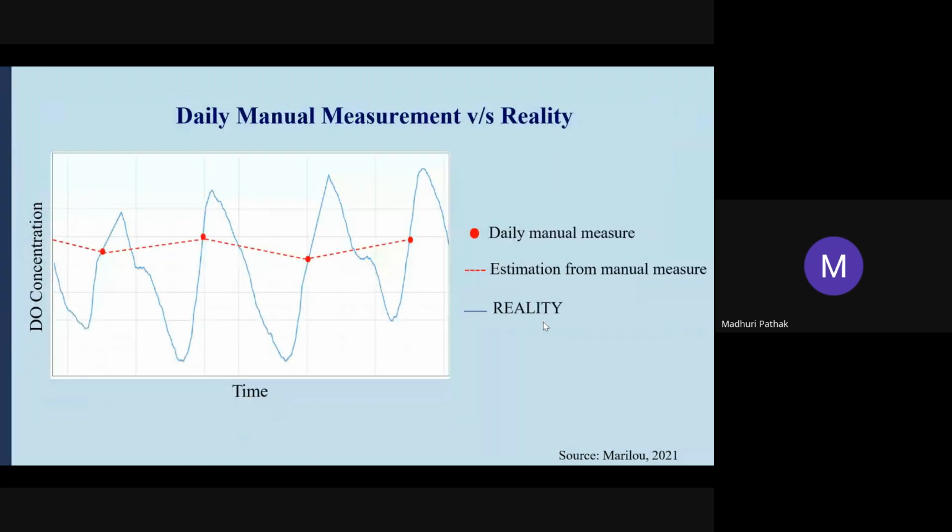So if you compare this with the reality, there is a drastic difference between the daily manual measurement and the realistic dissolved oxygen content in the pond. At different time points, if you have the automatic sensors, you can detect the dissolved oxygen content.